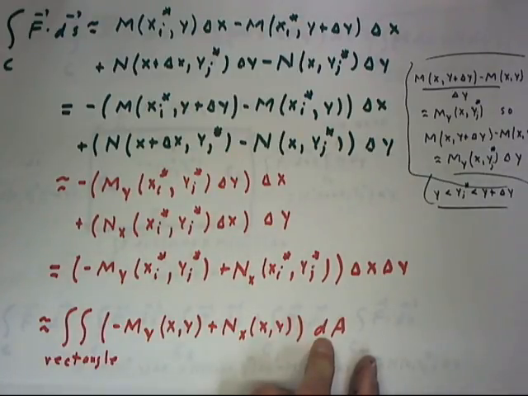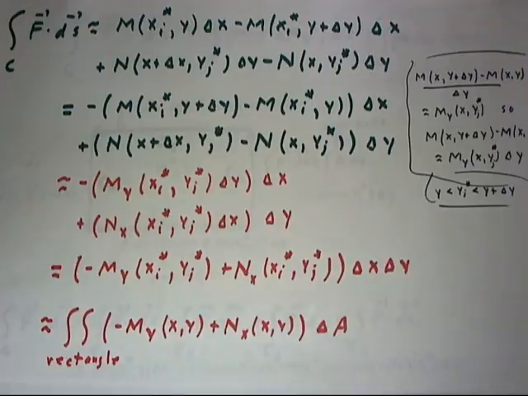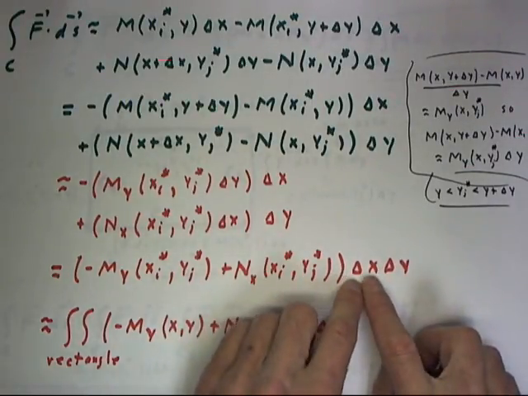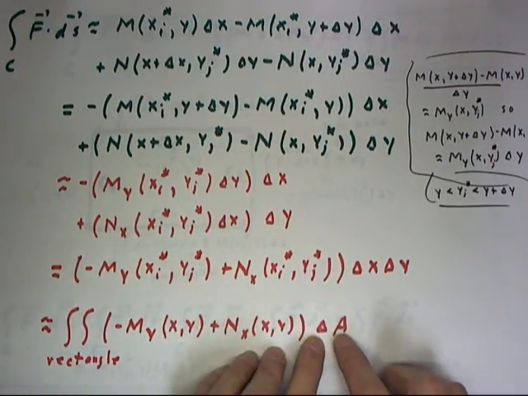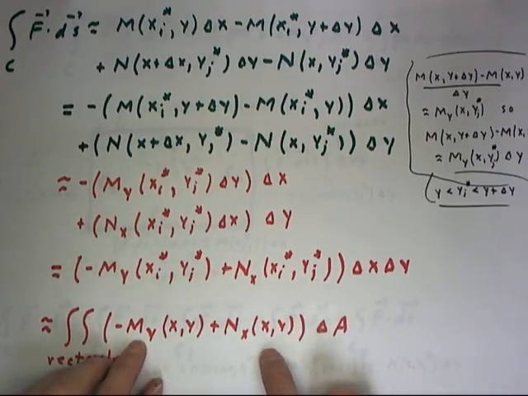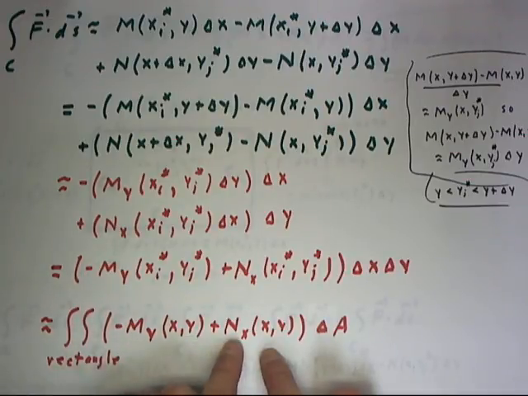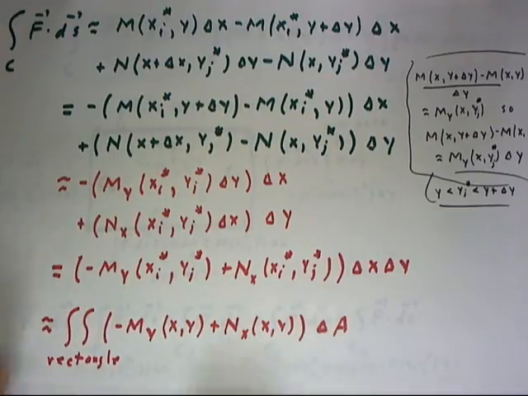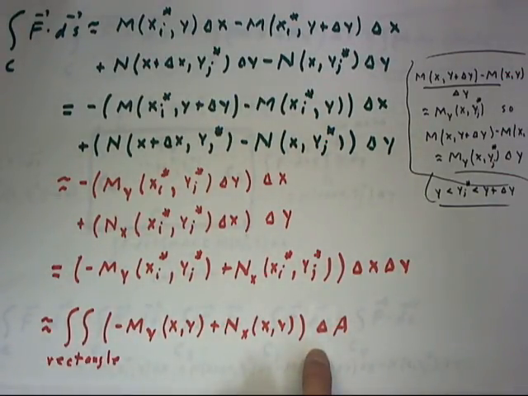Now I should have written a delta instead of a D, so I'm going to quickly stop and fix that. Okay, so once again our delta x delta y becomes a delta A, an area increment, just the area of our rectangle. And what do we have on the inside? We have m_y at x, y, n_x at x, y. If we take the limit, that should have been a D. I have to change that back.